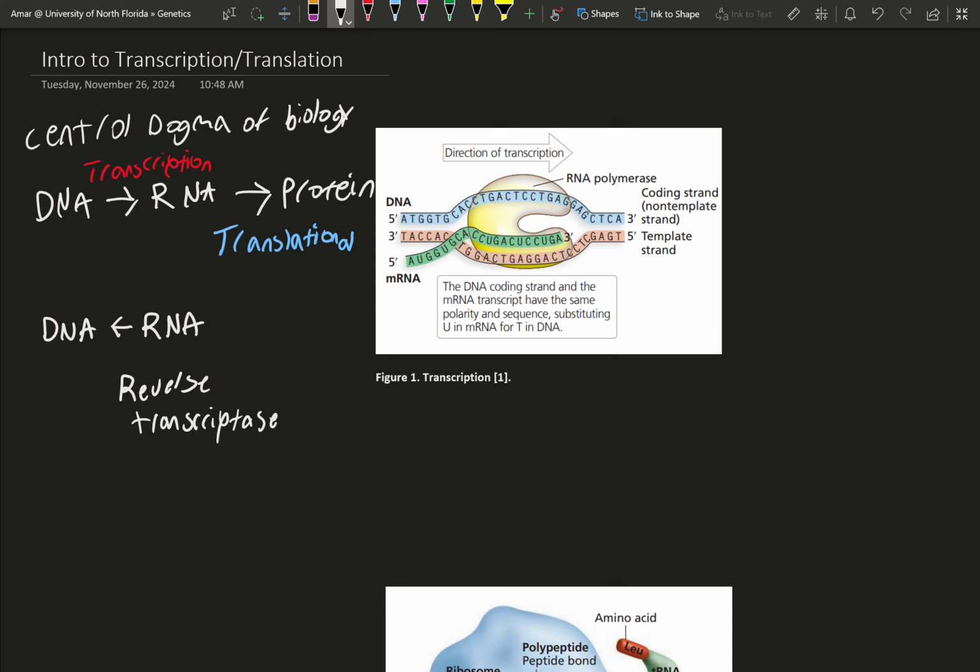So basically, to give you a little bit of an introduction to RNA, RNA is a little bit different from DNA in that RNA has a ribose sugar, whereas DNA has a deoxyribose sugar.